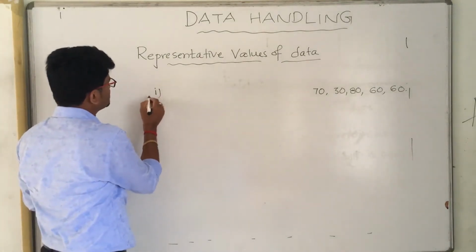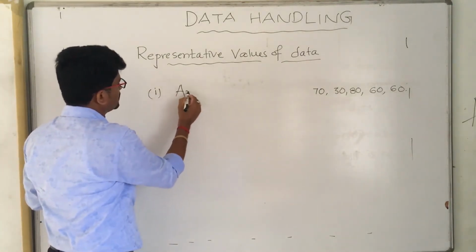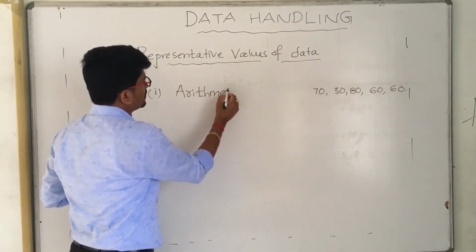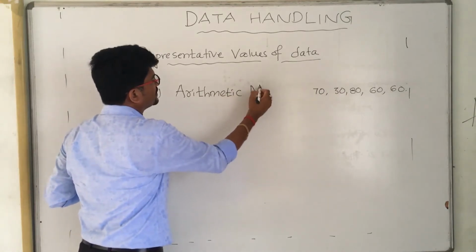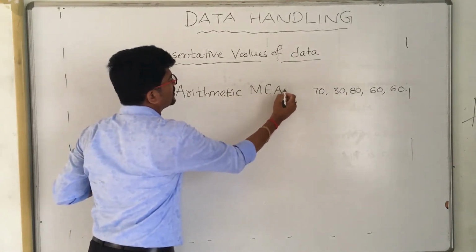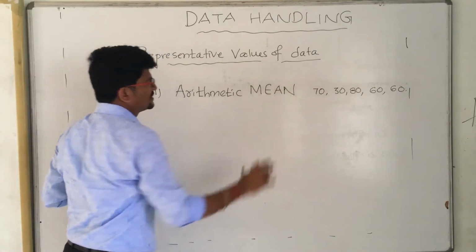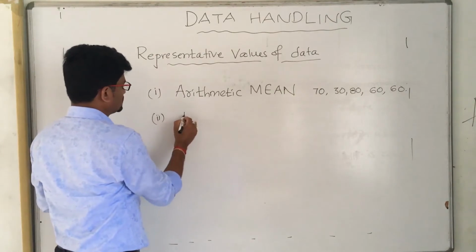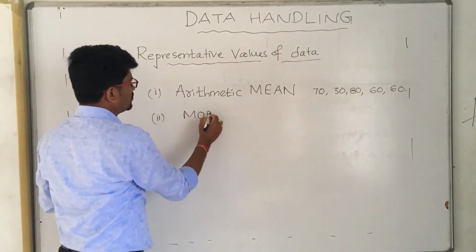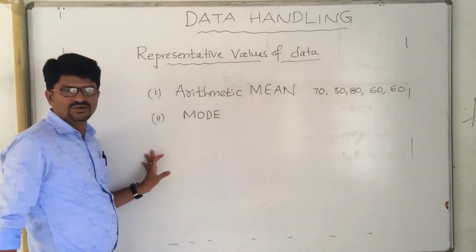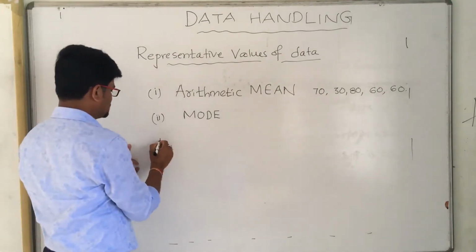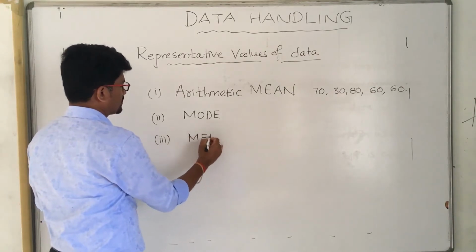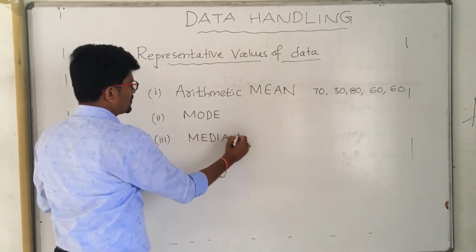In the representative values of data, there are 3 major and important values. First one is arithmetic mean. What is this? Arithmetic mean. Second one is mode. And third one is median.